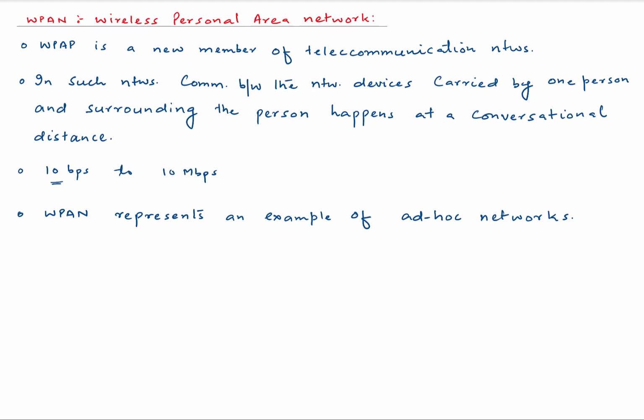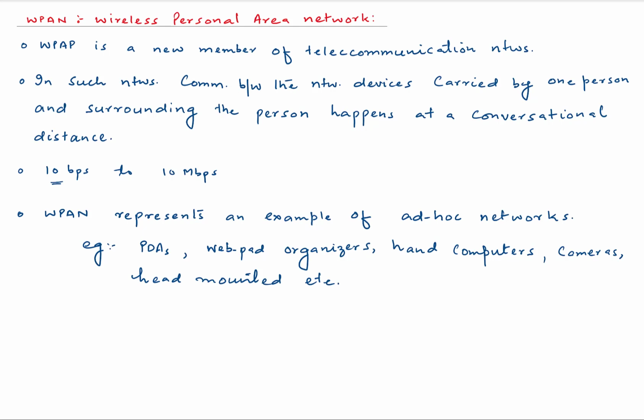Examples of the devices which form the ad hoc network are PDAs, web pad organizers, hand computers, cameras, head mounted displays, etc. And many more devices can be added to this category of networks which connect to each other and form an ad hoc network by using radio signals.